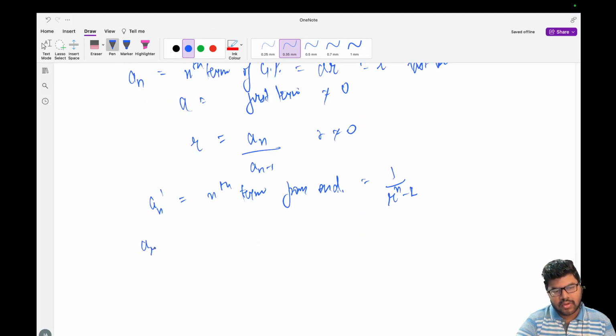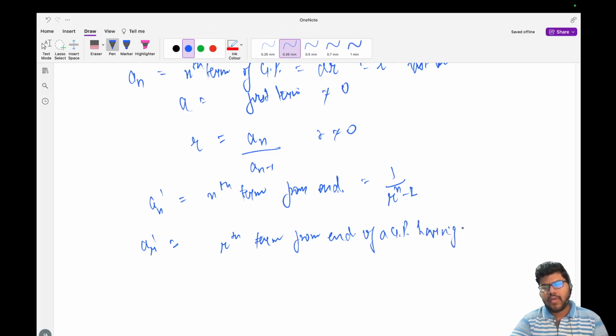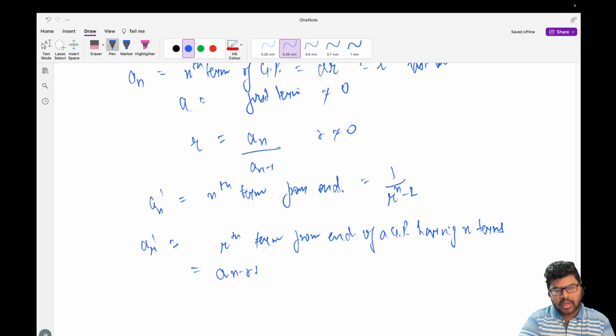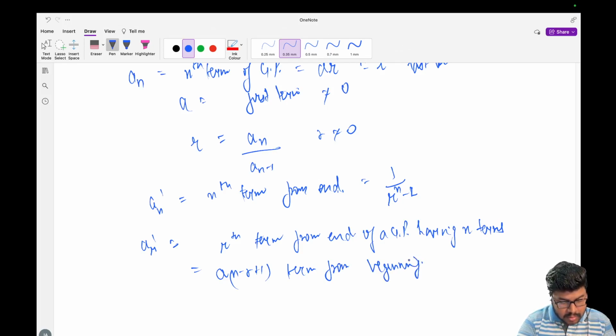And a_r dash is the rth term from the end of a GP having n terms, which is equal to nothing but the (n minus r plus 1)th term from the beginning, which is ar^(n-r), right?